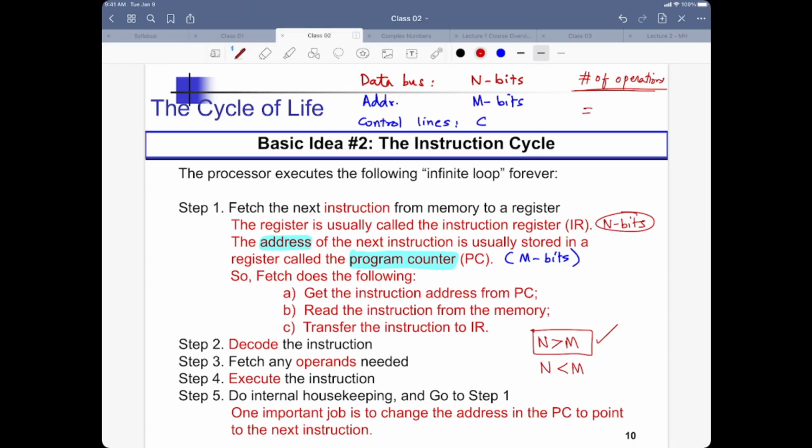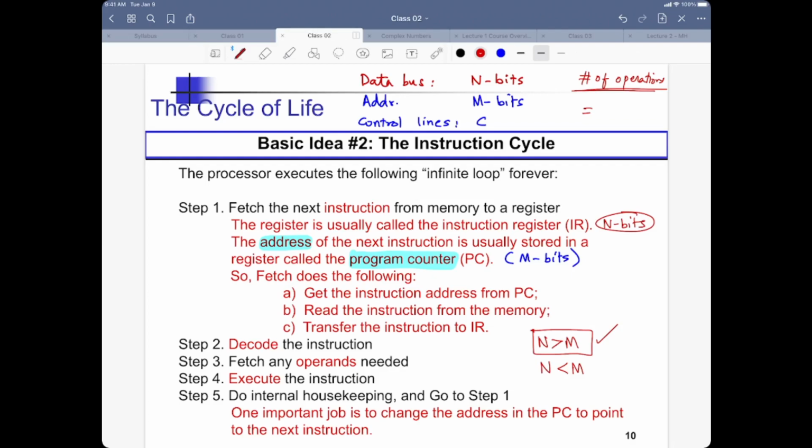C is going to be from the control lines, so it doesn't have anything to do with C. C is essentially the addition of all the load signals, all the output enable signals, all the opcode lines. That's sort of the mastermind of the whole computer system. So we are not going to be talking about C for quite a while. We are going to be in this N and M field.